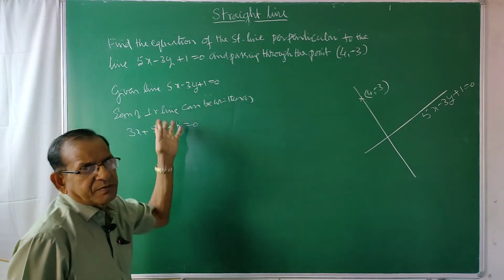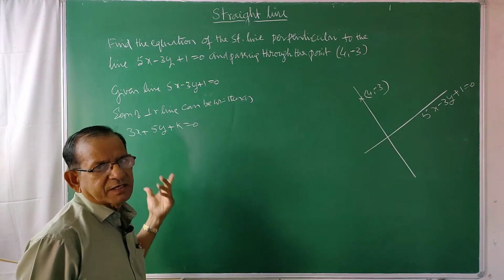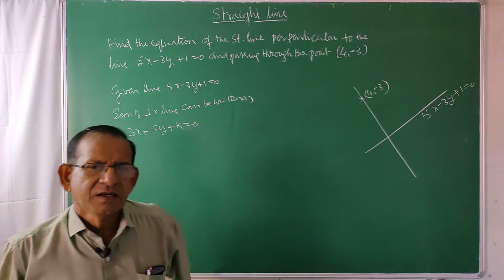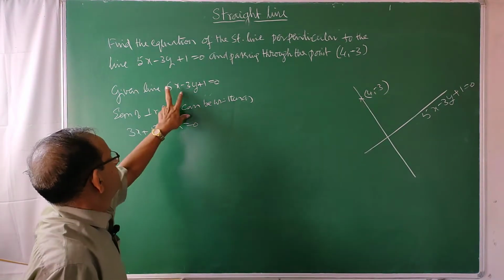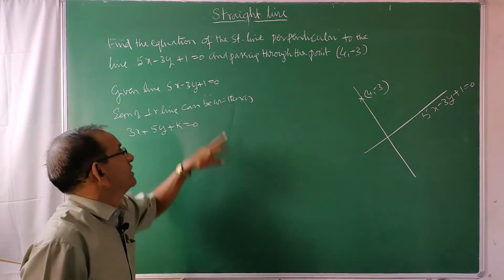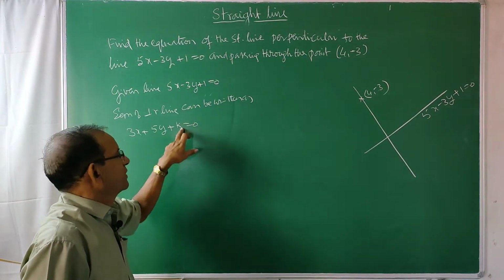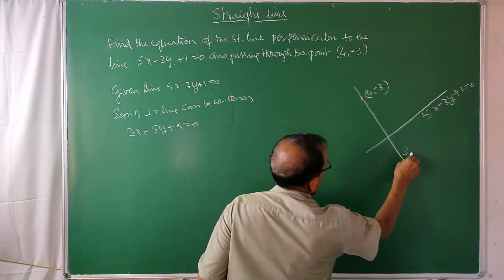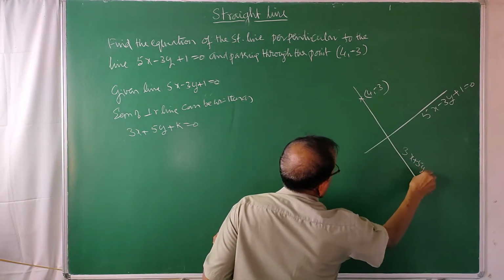If it is plus, make it minus. If it is minus, make it plus. Change the constant also for getting a perpendicular line. 3 changes to be made: interchanging of coefficients of x and y, change of sign of y, and change of constant. So this is the perpendicular line: 3x plus 5y plus k is equal to 0.